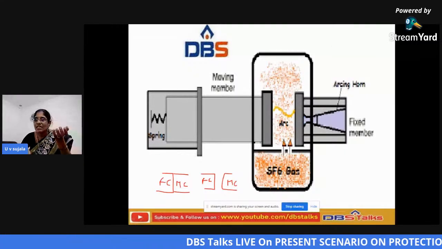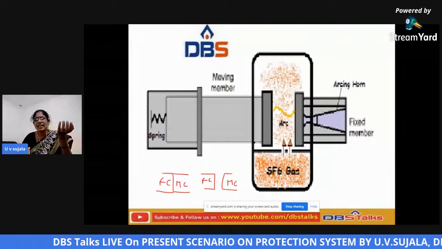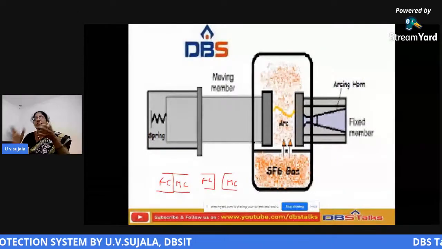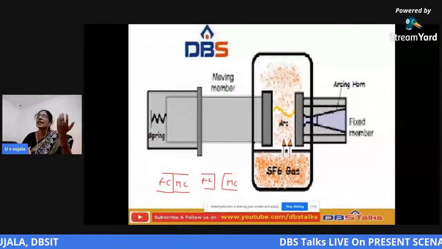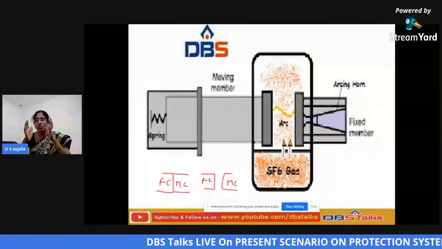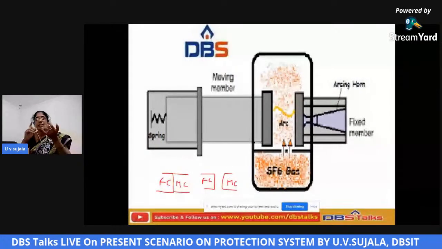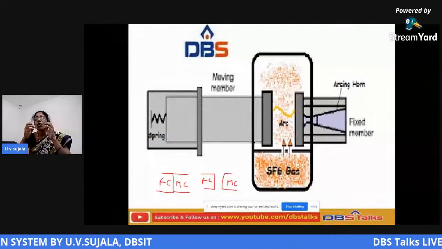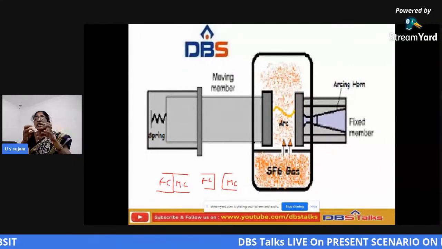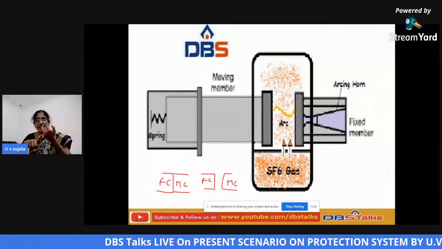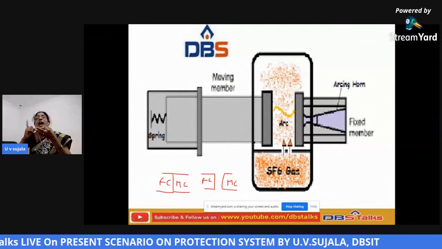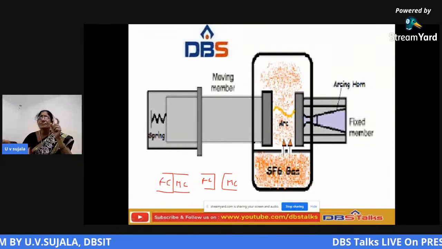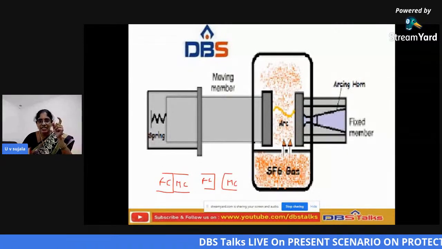In circuit breakers, so many cooling particles are there. Whatever medium you are taking, whether it is an oil circuit breaker, vacuum circuit breaker, or SF6 circuit breaker, it has good dielectric strength, good thermal stability, and good chemical stability, and then only it will be deionized.